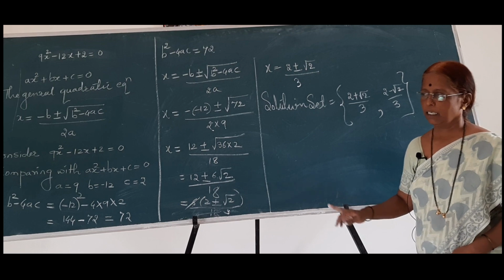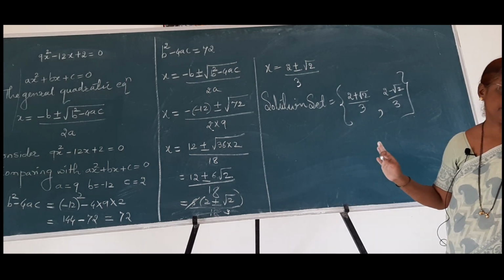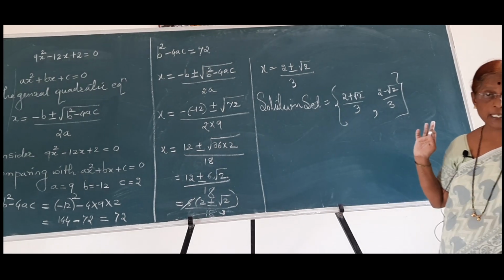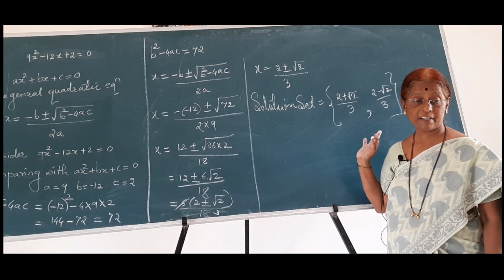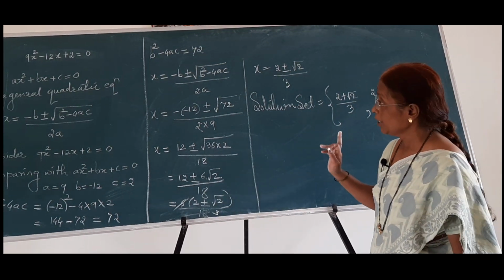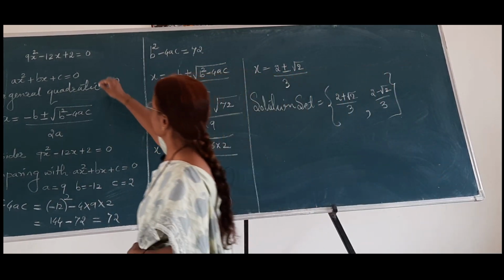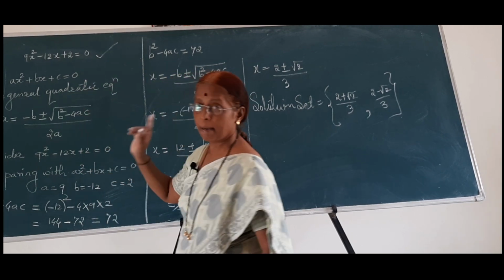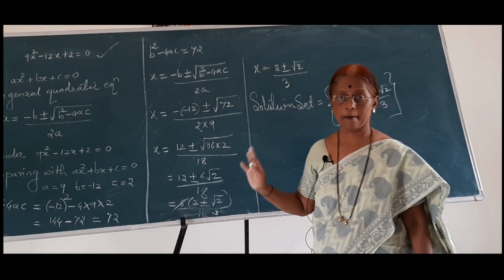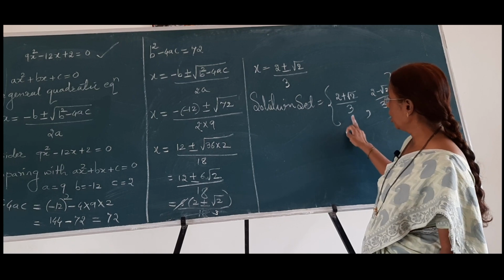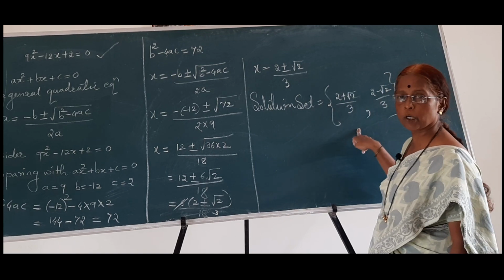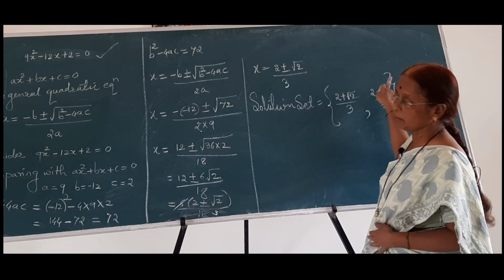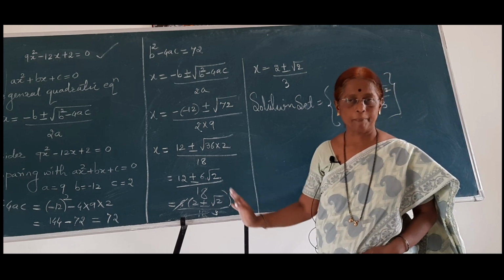Means you got the same answer, but the way was different. In my previous session we solved the same quadratic equation using the completing square method, and the answer was the same: 2 plus root 2 upon 3, comma, 2 minus root 2 upon 3.